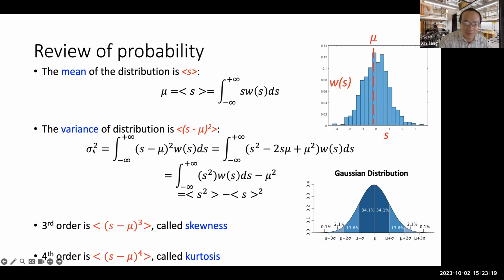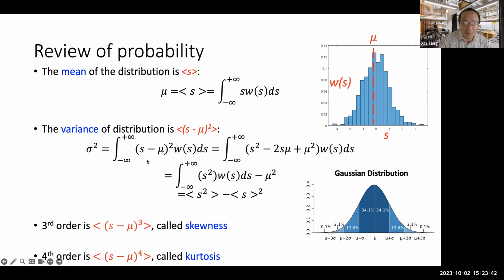So this variance we usually denote by sigma squared, and sigma has the same unit as mu, but sigma squared has the unit squared compared to mu. And sigma is called the standard deviation. So standard deviation is the square root of the variance.